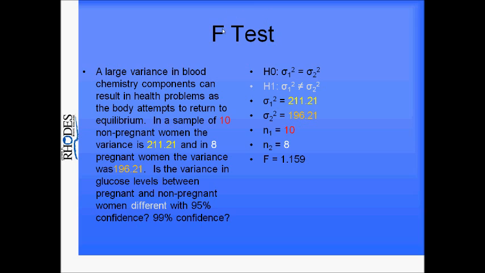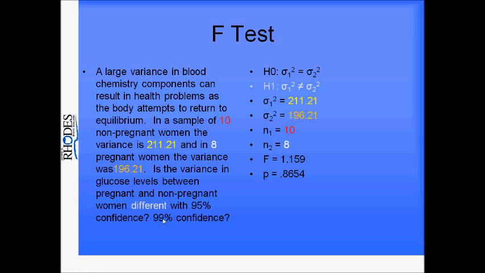So when you hit calculate, you have an F value of 1.159, and that converted to a P value is 0.8654. So with 95 and 99% confidence, we cannot prove that these variances are different, because the P value is significantly higher than 0.025 for 95% confidence, and then 0.005 for 99%.